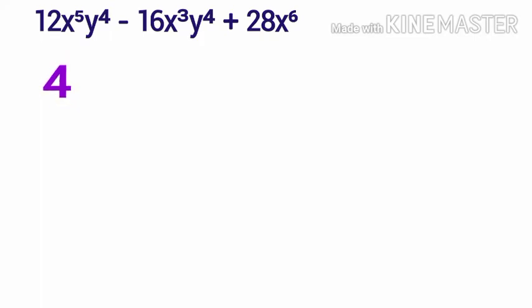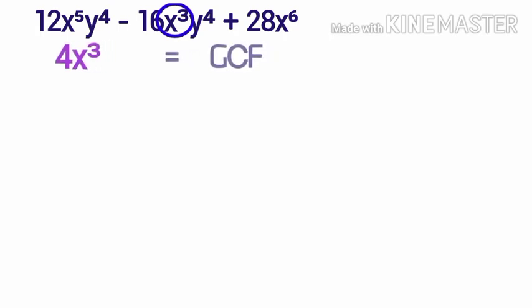As you see, there is variable x in the first, second, and third term, while variable y is seen in the first and second term, but not in the third term. So, x is common to all terms and 3 is the smallest exponent. So, x cubed is the GCF of the variable. The product of 4 times x cubed is the GCF of this expression, which is written as 4x cubed. 4x cubed is one of the factors of the expression.